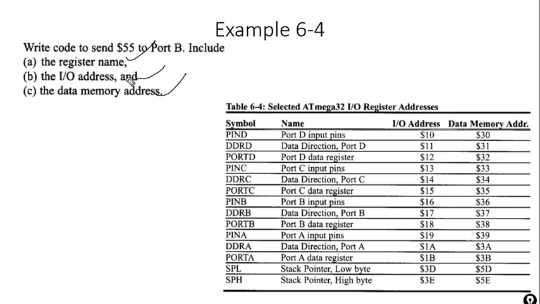Before going to the solution, we are clear that when we use the IO address, we will use the OUT instruction, and when we use the data memory address, we will use the STS instruction from the LDS-STS pair. So let's go.